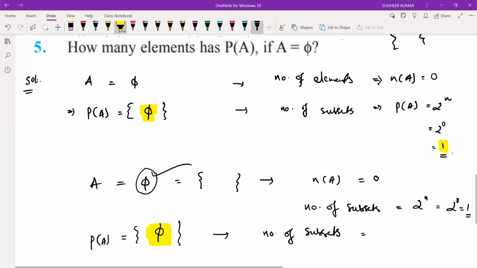One. It has only one subset. What is the subset? The subset is phi only, right? How many elements does phi have?